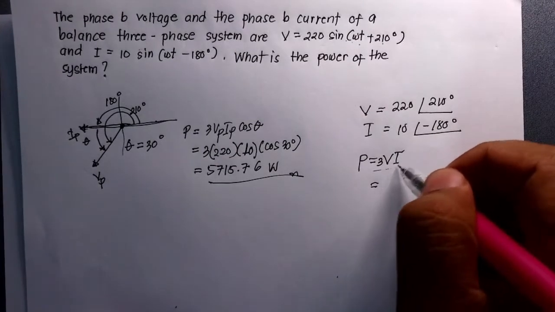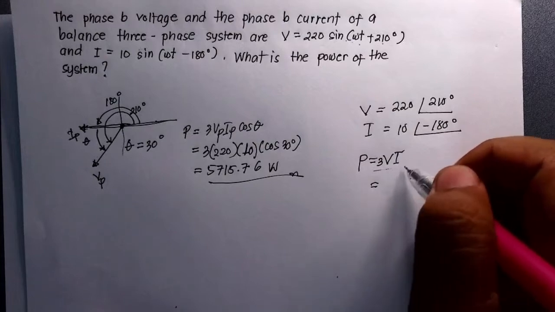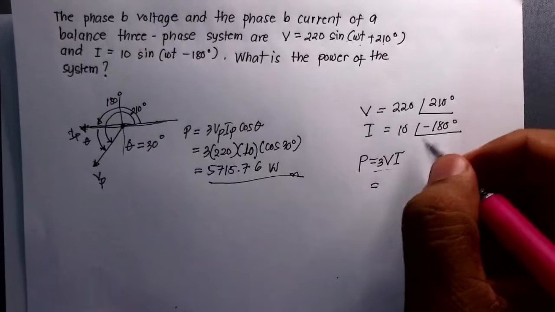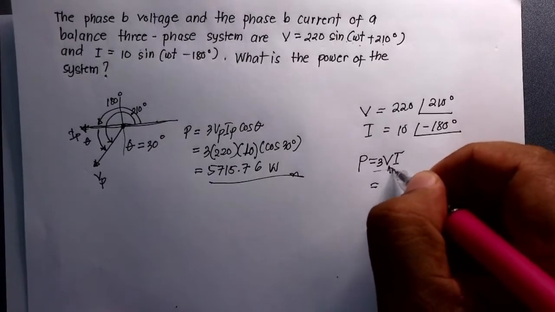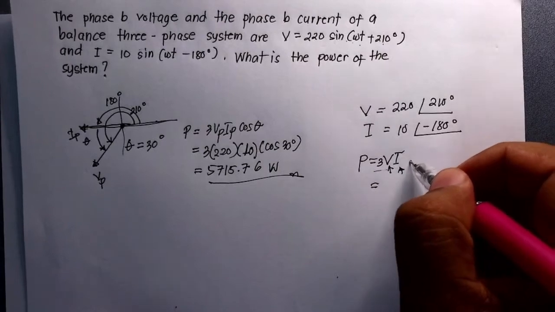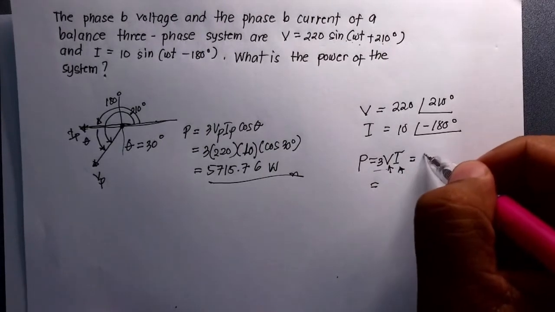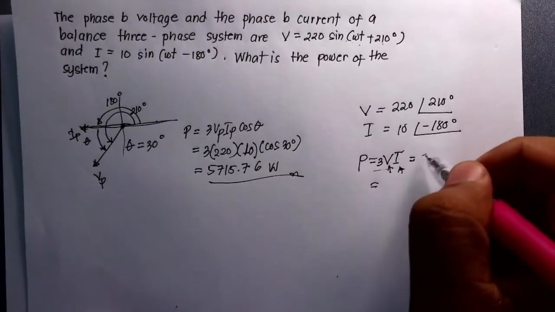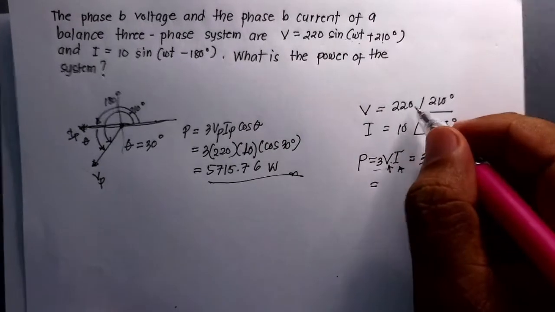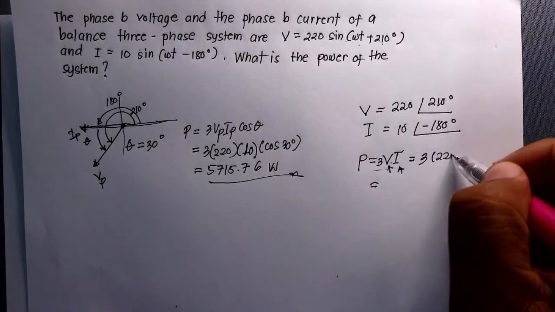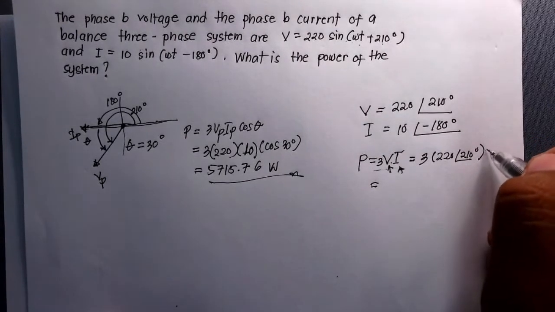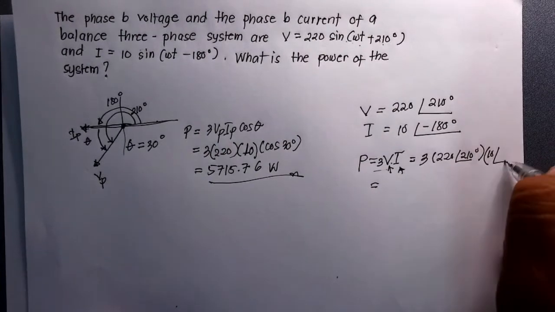Because we are dealing with three single phases, you multiply it by 3, and each one of these has its own angle, so it will be more expanded if I write it like this: 3 times V, which is 220 cis of 210 degrees, times 10 cis of negative 180 degrees.